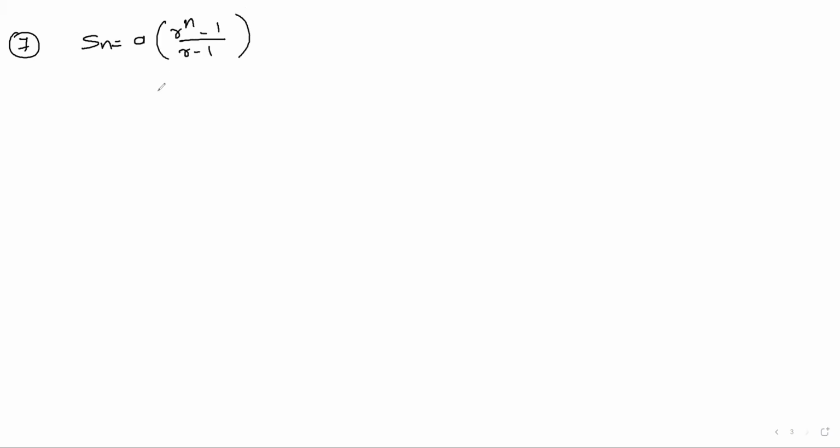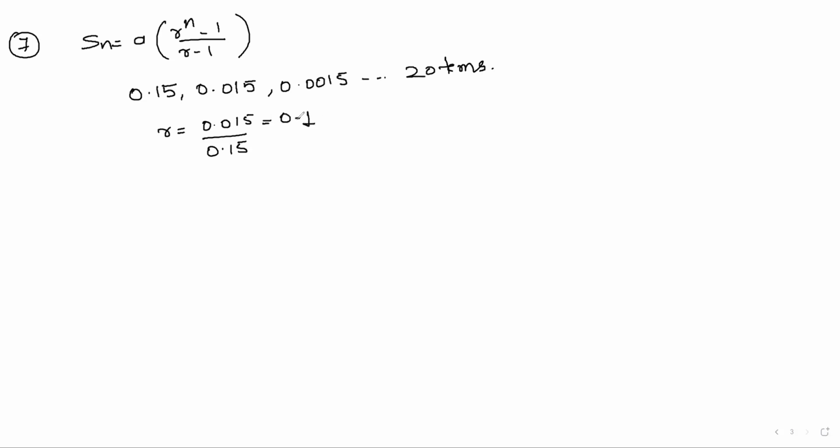R minus 1. So in this one, we have this sequence, this first term. Sir, I had done the second half; I reached up to 0.5 into bracket 1 minus 0.1 to the power 20 upon 0.9. What is R? 0.015 by 0.15. Okay, so what is the answer? 0.1. Yes sir.